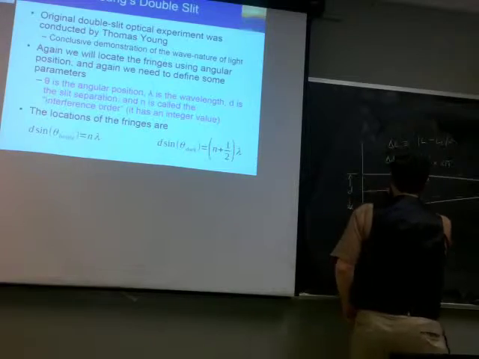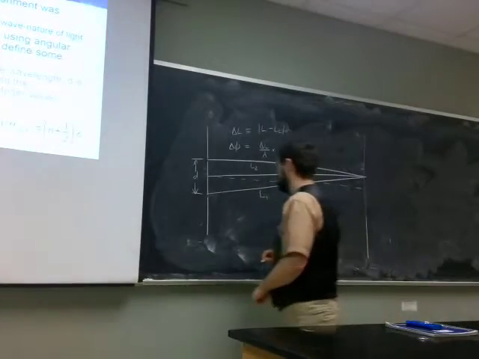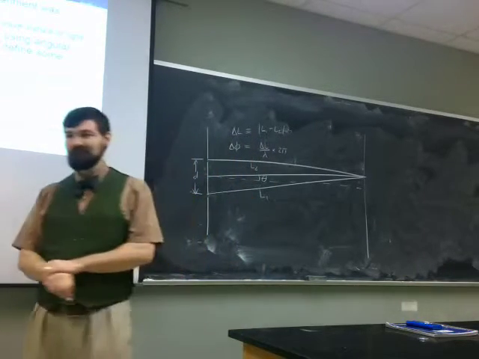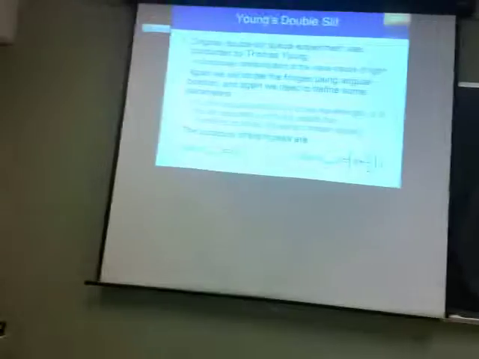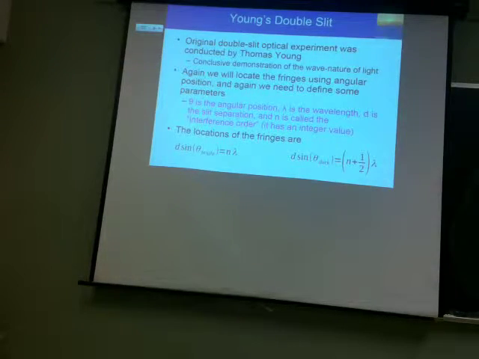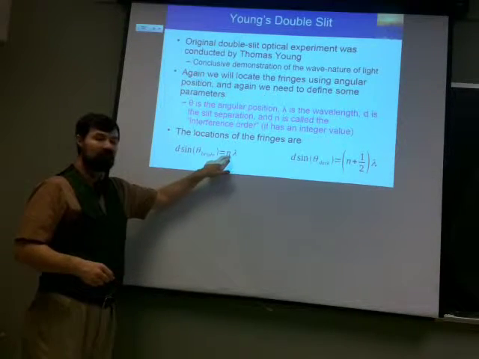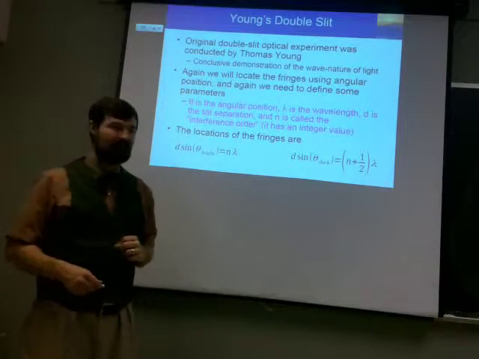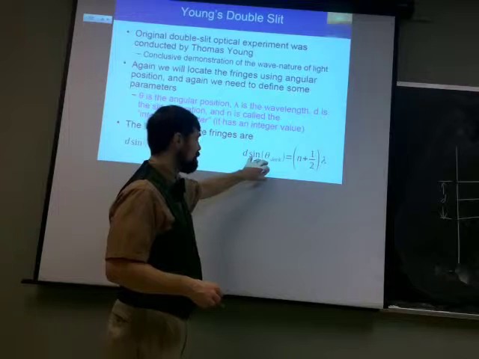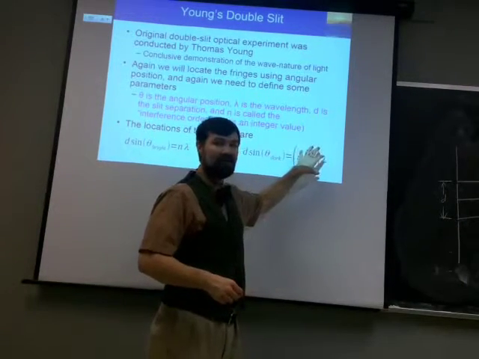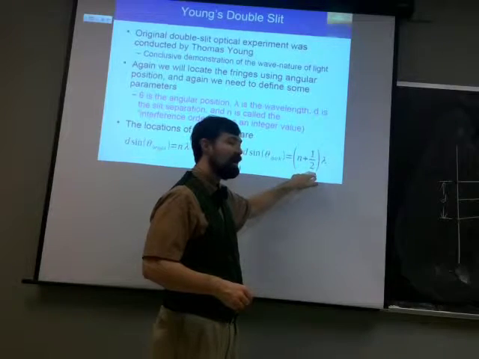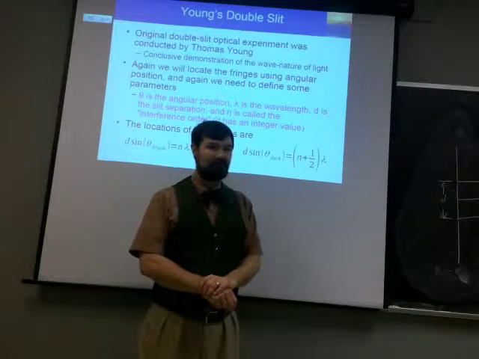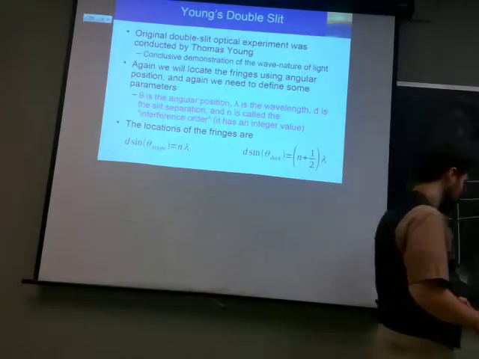Theta would represent the angle between that dashed line and the line that runs through the point of interest. So here is theta. So if D times the sine of theta is some integer n times lambda, the wavelength, then you will get a bright spot. If D times the sine of theta gives you a half integer, which we represent as n plus a half times lambda, the wavelength, you get a dark fringe. And that's how you figure out where the dark and bright fringes are.